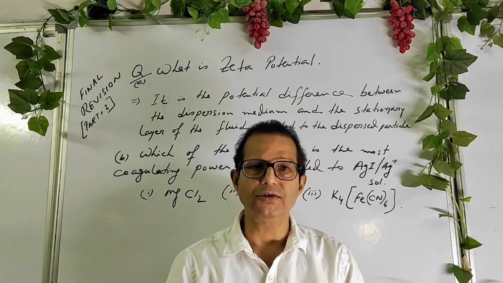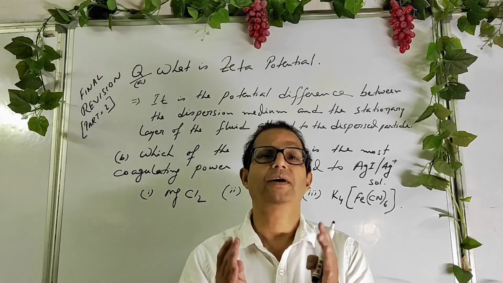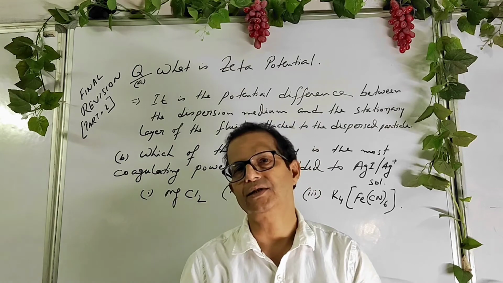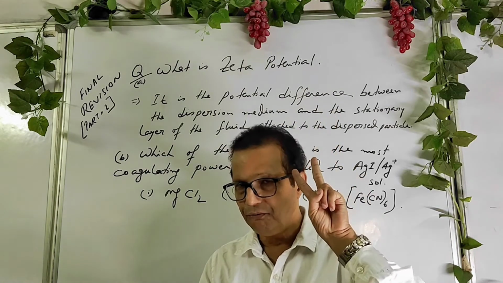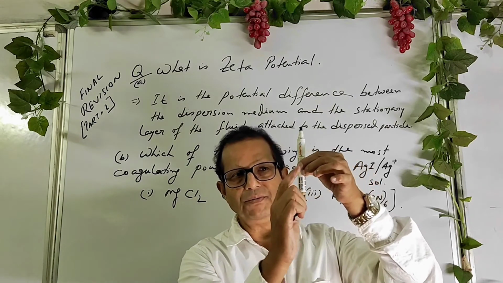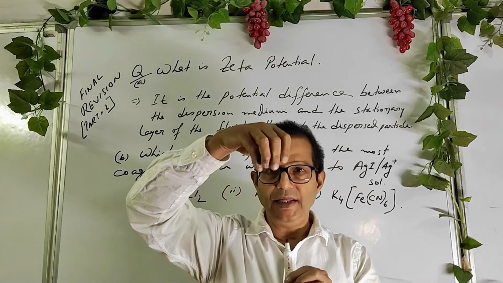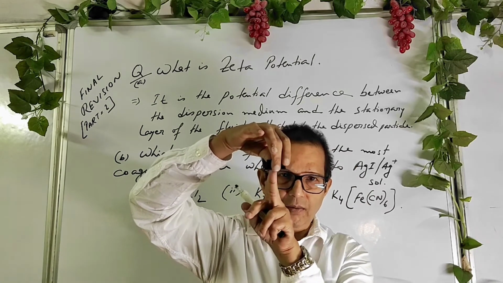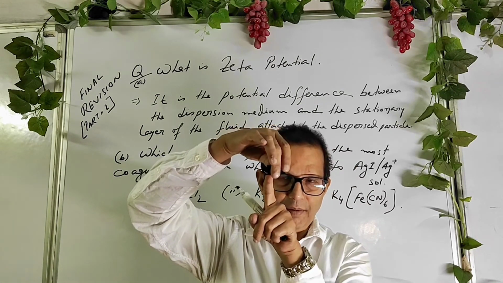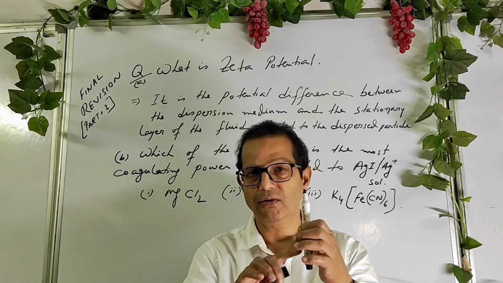According to Hardy-Schultz rule, coagulation of a colloidal solution depends on two factors. One, if the colloidal solution possesses positive charge, then the oppositely charged ion of the electrolyte, that is the negative ion of the electrolyte, is responsible for coagulation.